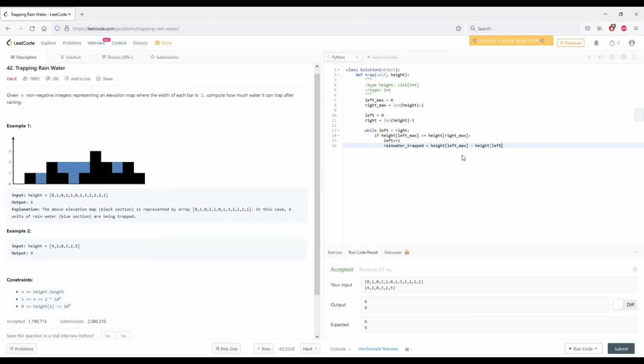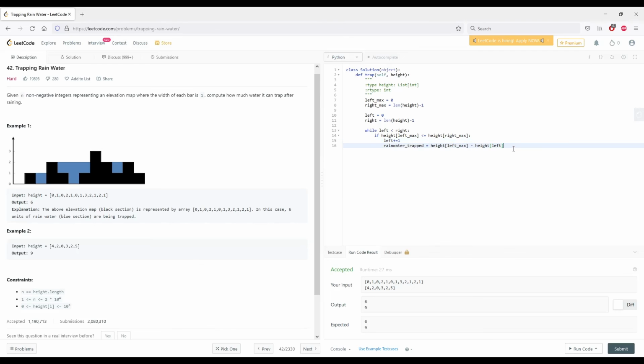And it's okay to increment the left. We start at the edges anyway when we initially go through the array, and the edges always trap 0 rainwater because there's no edge to the left or right that can help them trap it.